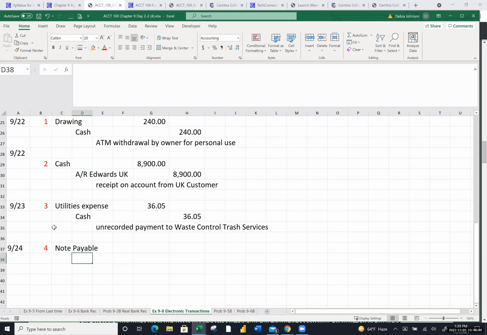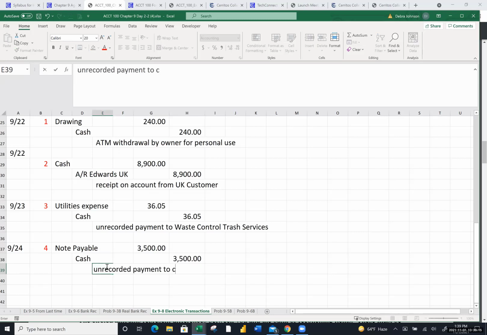You could probably use loan payable too, and that would be sufficient, but they specifically, I believe, use note payable for $3,500. And I'll put unrecorded payment for car note. And I'll write a note, non-interest bearing.